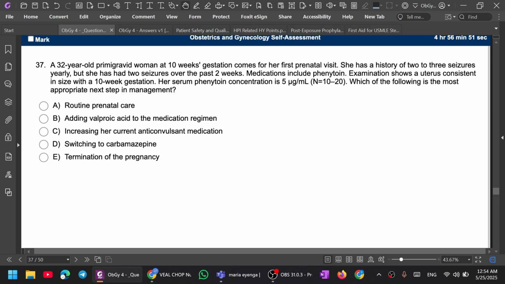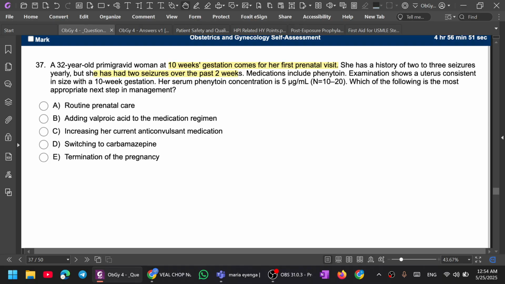A 32-year-old primary gravid woman, 10 weeks of gestation, comes for her first prenatal visit. She has a history of 2 to 3 seizures yearly, but she has had 2 seizures over the past 2 weeks.